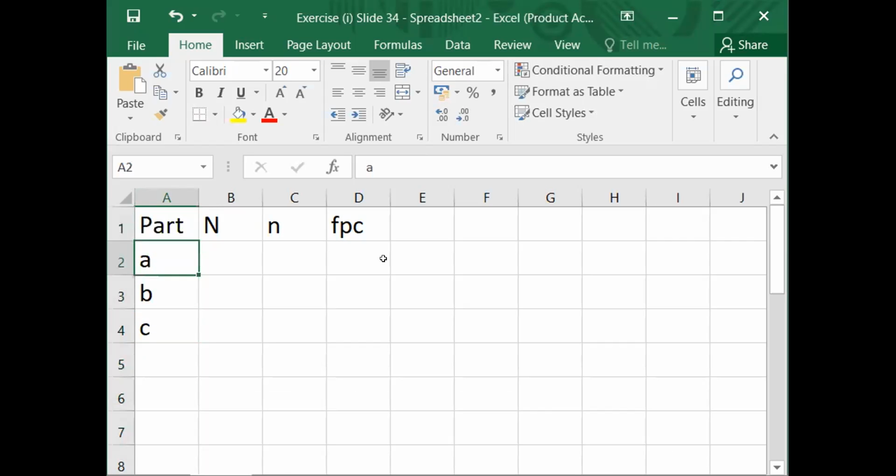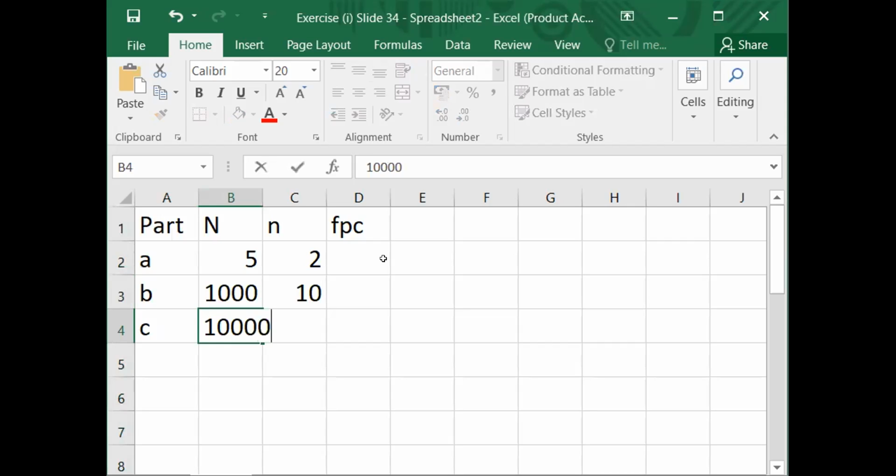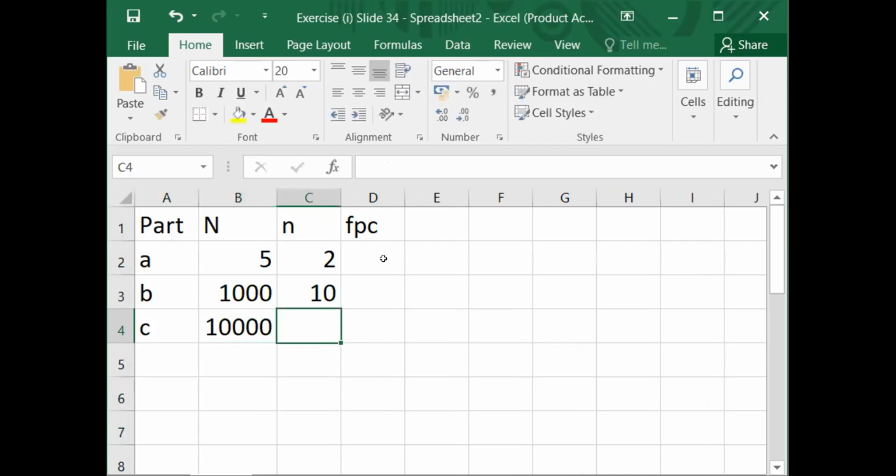In part A, the population size is 5 and the sample size is 2. In part B, the population size is 1000 and the sample size is 10. And in the last part, we have a population of 10,000 and the sample size of 40.